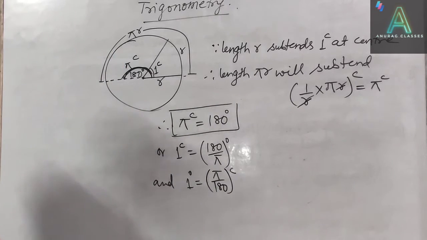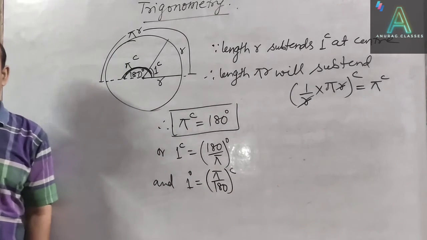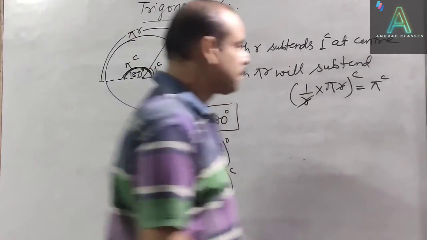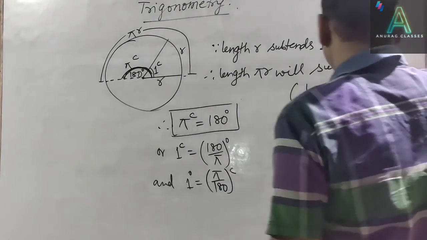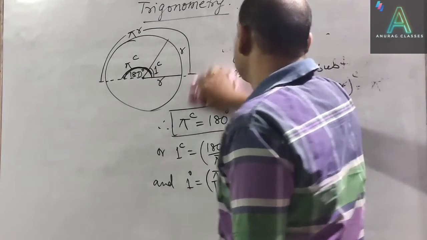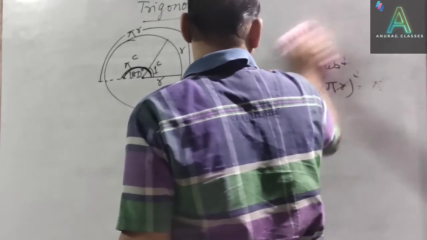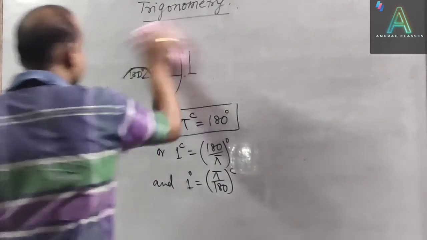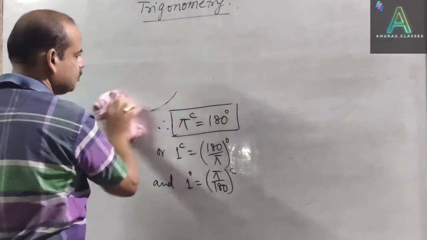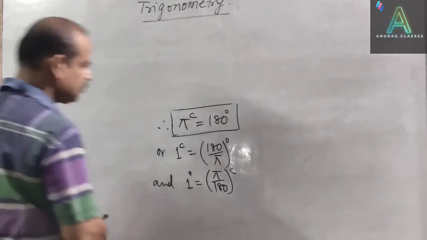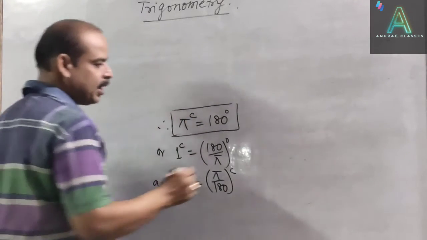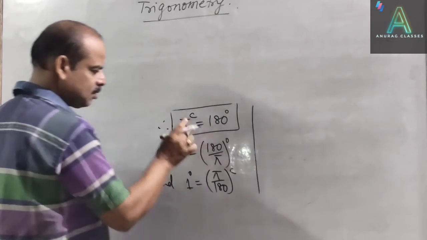After knowing all this formula, let us try to find the relations between different systems. So what should be the relation between different systems? So let us compare all the systems by using a right angle.